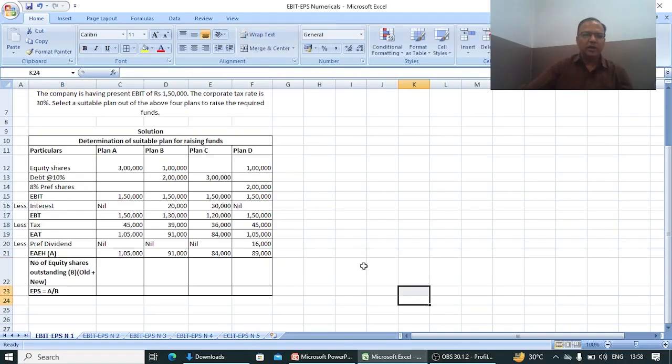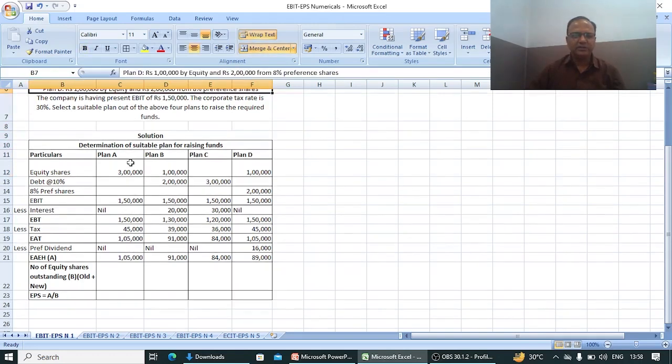It means if we are taking the case of plan A, first of all, we have to check how many equity shares have earlier been floated in the market by the organization.